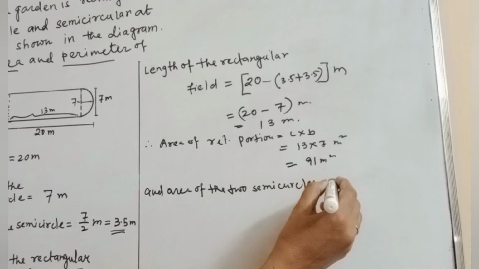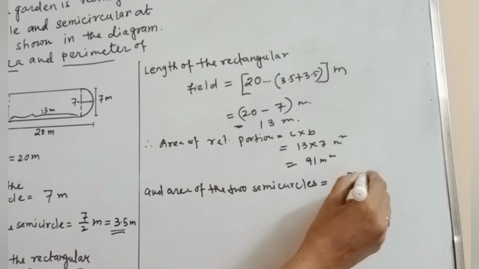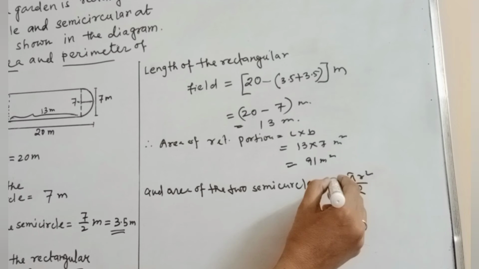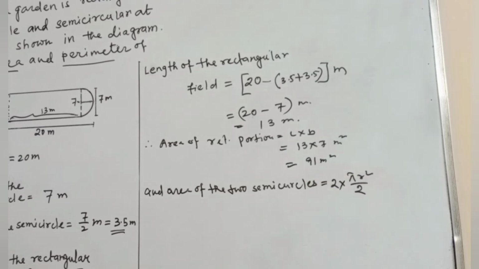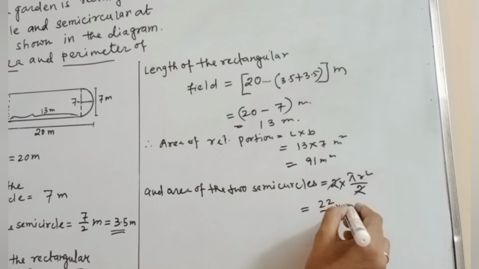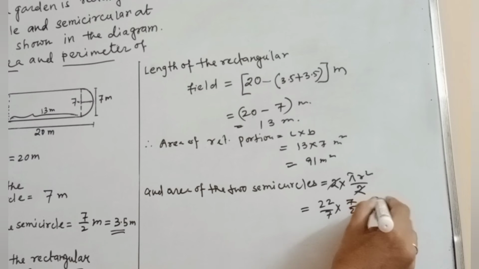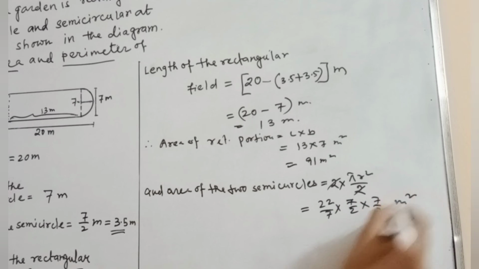Two semicircles: pi r square by 2. Two semicircles, so 2 into pi r square by 2. Put the value of pi as 22 by 7; the 2 and 2 cancel out. 22 by 7 into r square means 7 by 2 into 7 by 2 meter square.